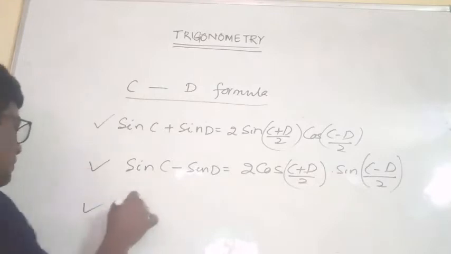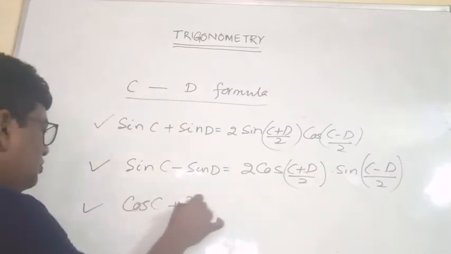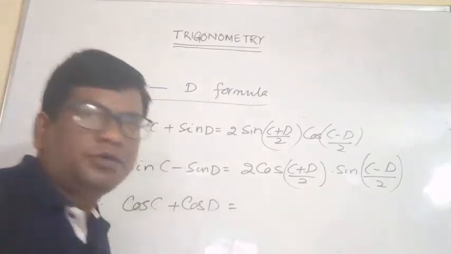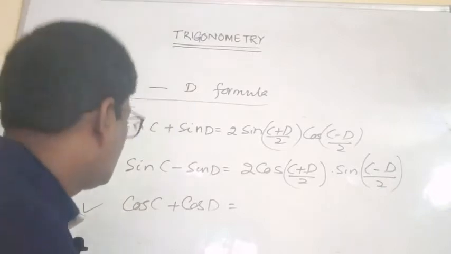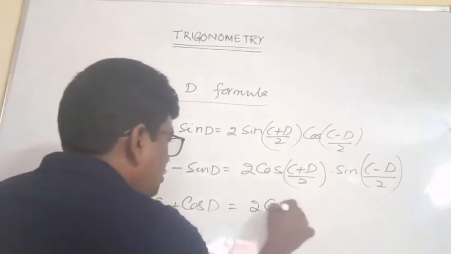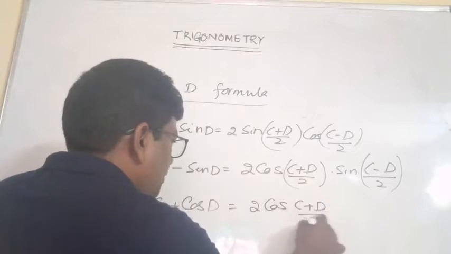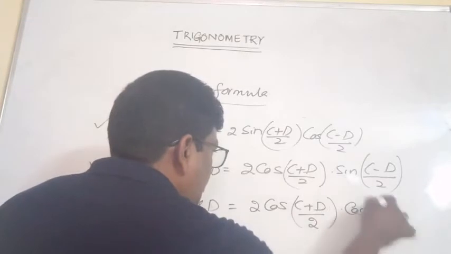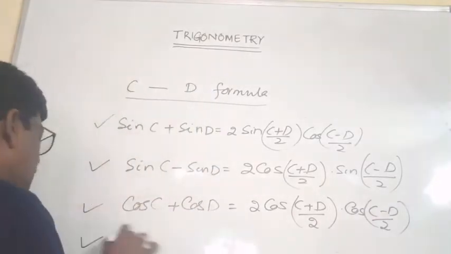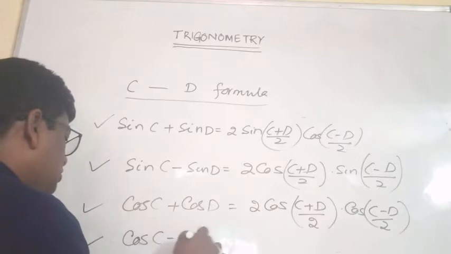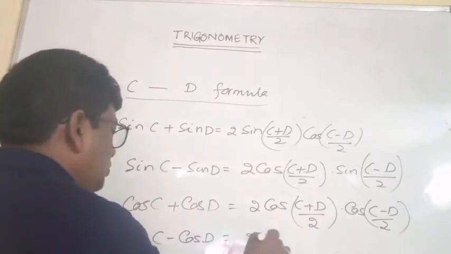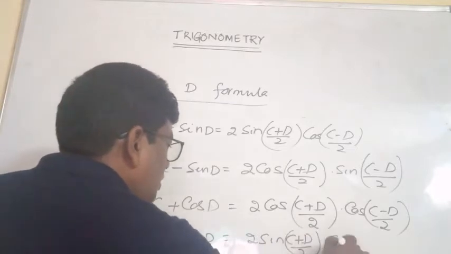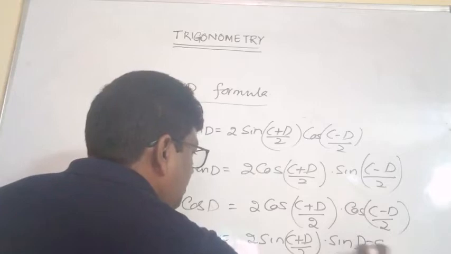Number 3: cos C plus cos D is equal to 2 cos (C plus D)/2 into cos (C minus D)/2. Again, fourth formula: cos C minus cos D is equal to 2 sin (C plus D)/2 into sin (D minus C)/2.